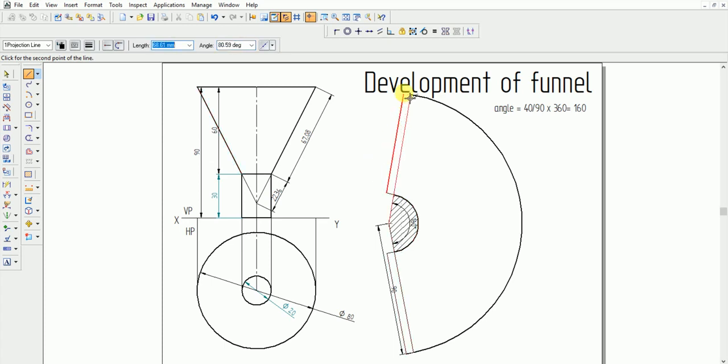Let me delete this line and draw the 5 mm here as well.